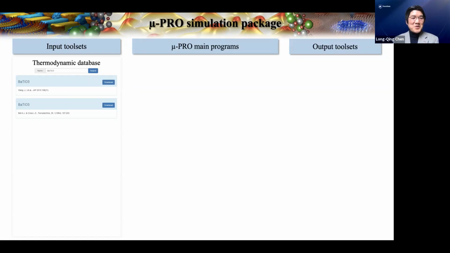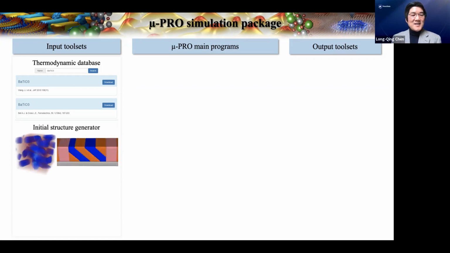For example, for input, we have our own small thermodynamic databases for different crystals. And then we also have tools to generate initial microstructures, or we can import microstructures from a previous simulation or import microstructures generated from experiments as input.